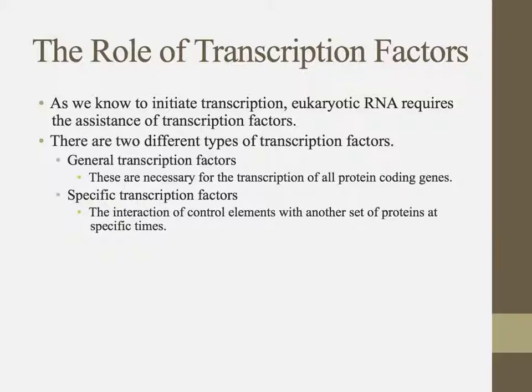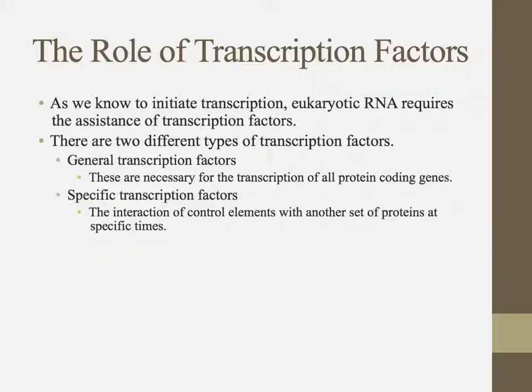As we know, to initiate transcription, eukaryotic RNA polymerase requires the assistance of transcription factors. And there are actually two different types, the general transcription factors and the specific transcription factors. The general ones are necessary for the transcription of all protein coding genes.